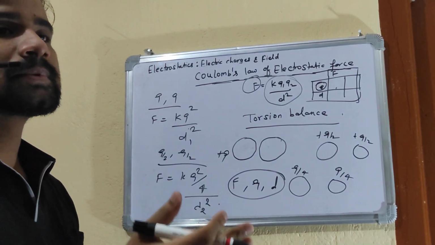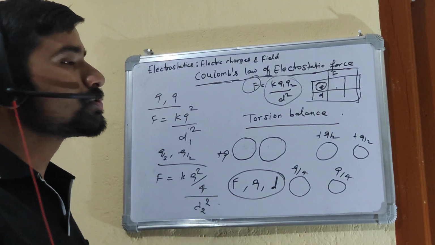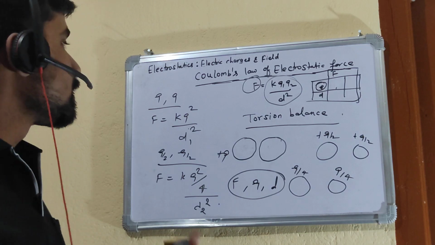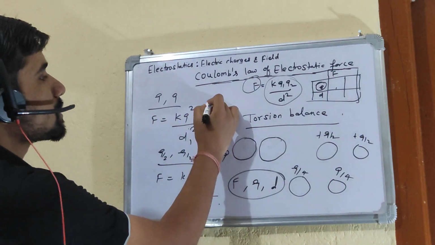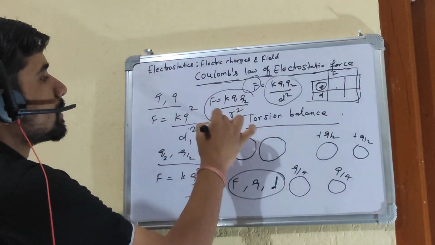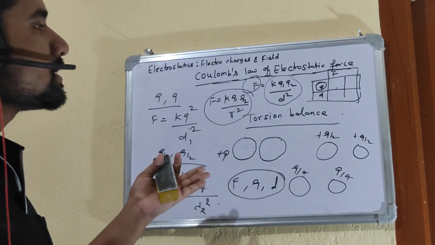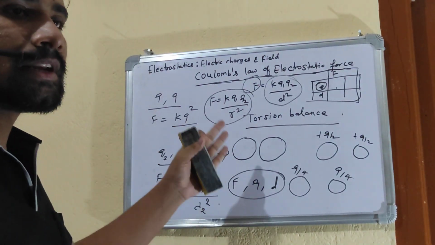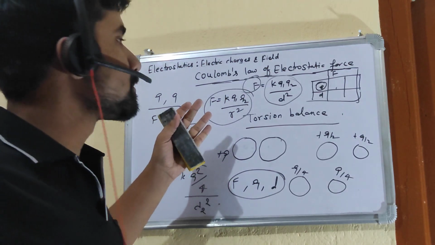When the distance was kept the same and the charges were varied, the force would have a different magnitude. After connecting all the dots, Coulomb arrived at this expression, which says F equals k q1 q2 by r square. Through this I wanted you to understand how we can arrive at this particular expression and how Coulomb would have approached it.